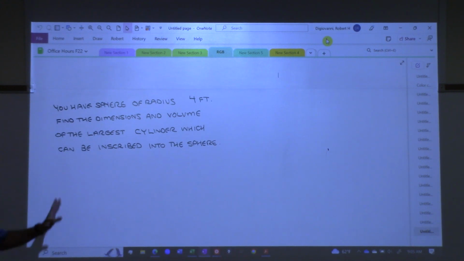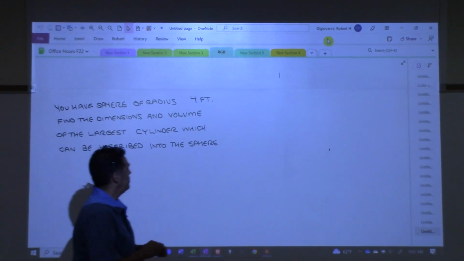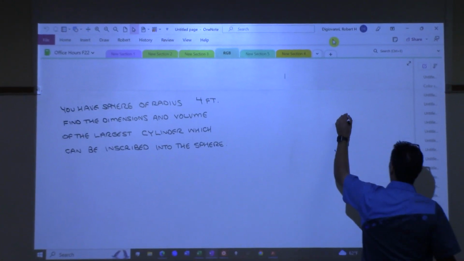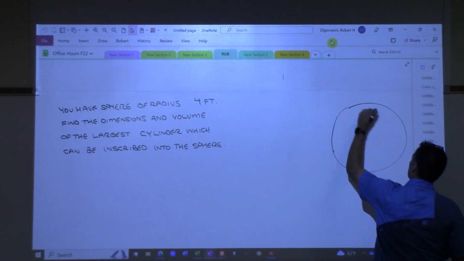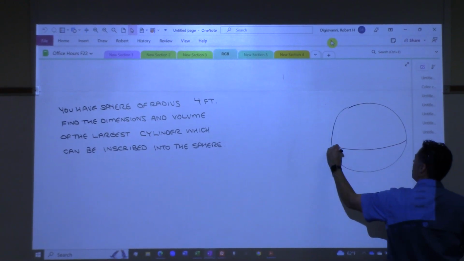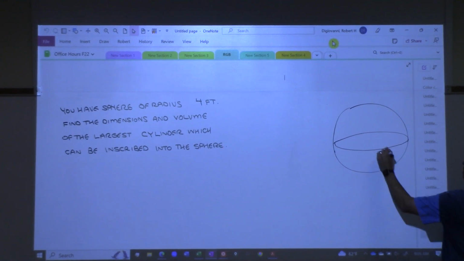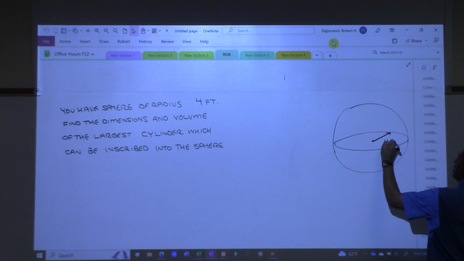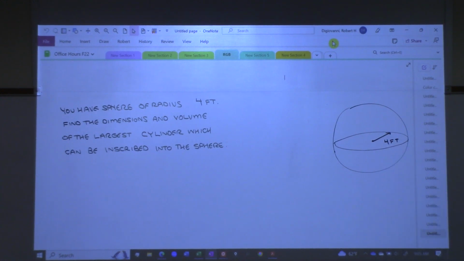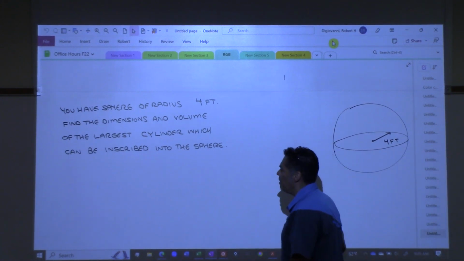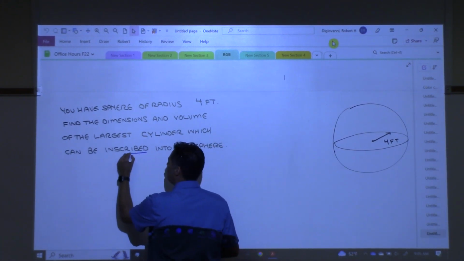Okay, so let's try and understand the problem first, right? We have a sphere that has a radius of 4. To draw a sphere, draw a circle, and then you can draw an ellipse through it like that. There's your sphere. It has a fixed radius of 4 feet. And what we want to do is inscribe a cylinder into this. Now when I say inscribe, you have to understand what this means.